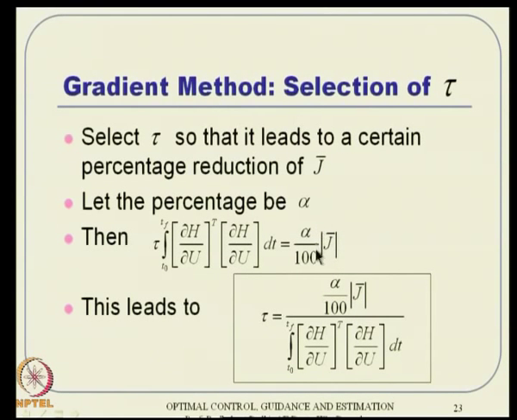Alpha is a percentage, so alpha by 100 is the factor, and tau times this quantity has to be equal to that. So tau can be computed that way. It is dynamically selected, with different values for different iterations, resulting in a pre-selected percentage reduction of J bar. That is one way, but I am not emphasizing that everybody has to use it this way. You can come up with your own way of adjusting alpha as well.